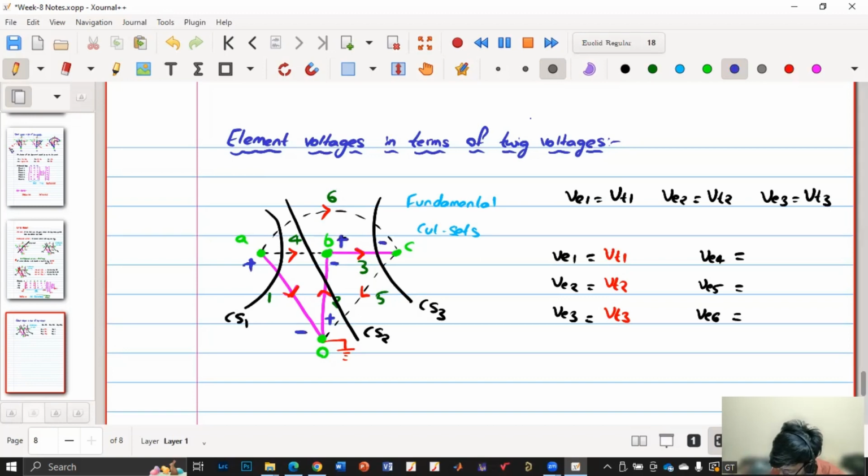So VE4 is nothing but VE2 from here to here plus here to here. So VE4 is VT2 plus VT1, right? Do you agree? Going from B to A, VBO is an increment in the potential, and VOA is also an increment in the potential. Do you agree?